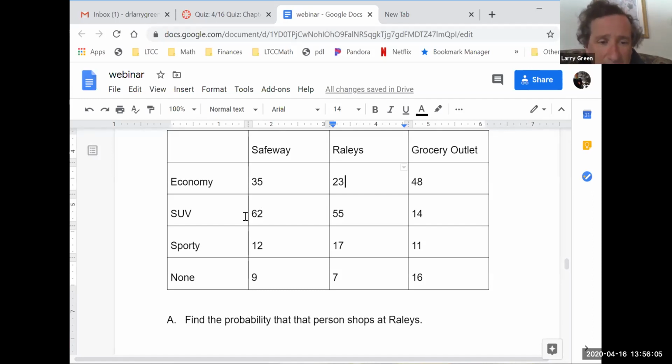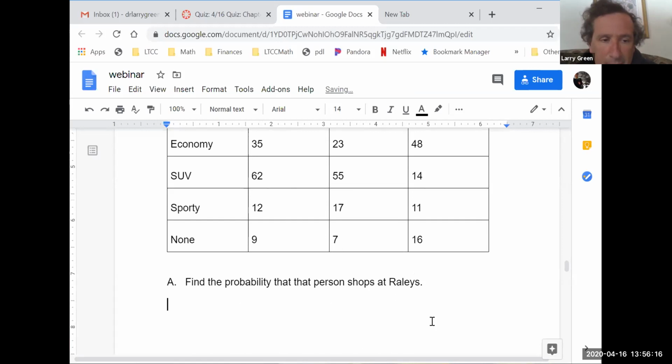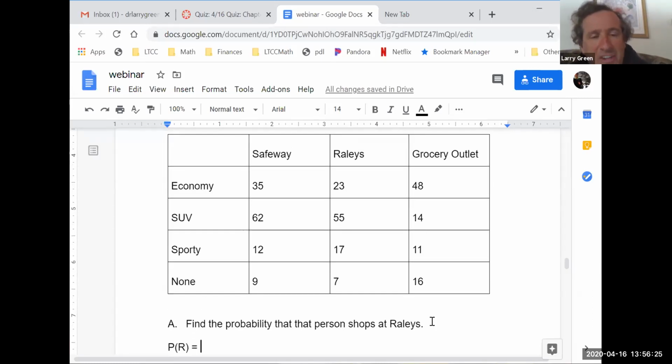Okay, so now what we need to do is find some probabilities. So let's find the probability that the person shops at Raley's if we pick a randomly selected person. So what I'm going to do is write P of R for Raley's. Well, that's going to be the number of Raley's shoppers divided by the total number of shoppers.